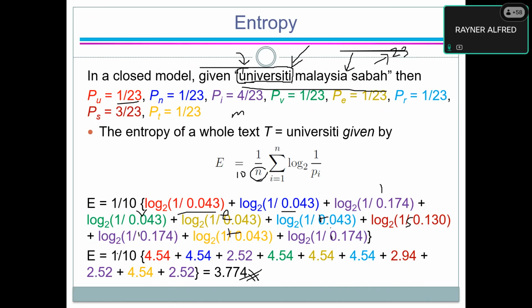So we have 10 symbols here. When we compute, this is how much information we get.